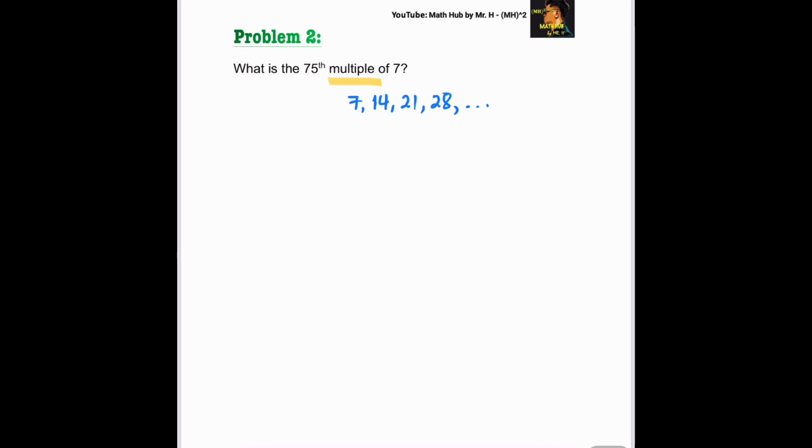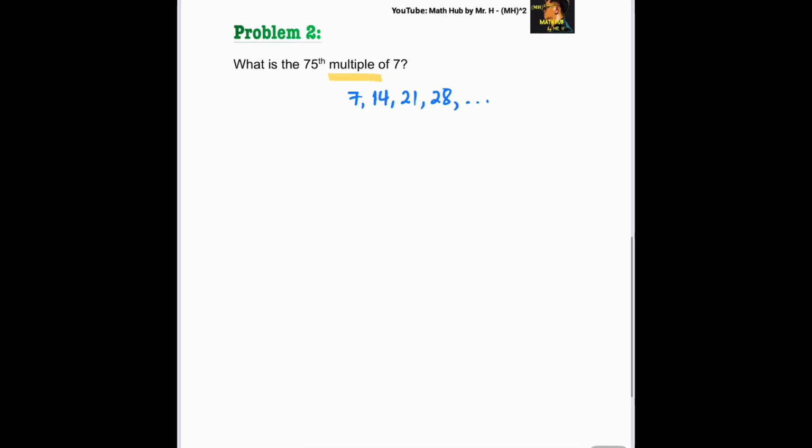From here, you must get the idea that this is one application of arithmetic sequence. The formula that I introduced earlier is a sub n equals a sub 1 plus n minus 1 times d. The very first term of this sequence will be 7 because that's the very first multiple of 7. To know the 75th multiple, we're not going to list down everything until the 75th term.